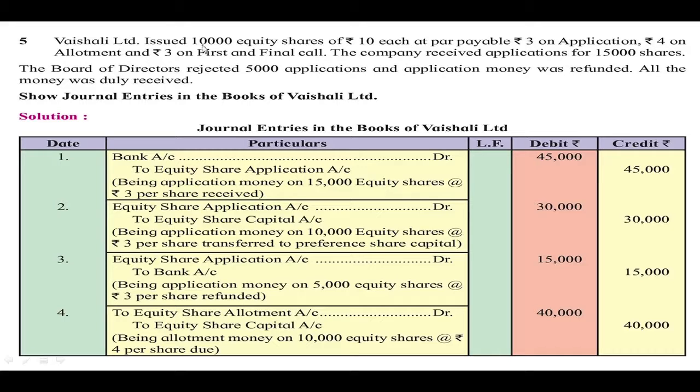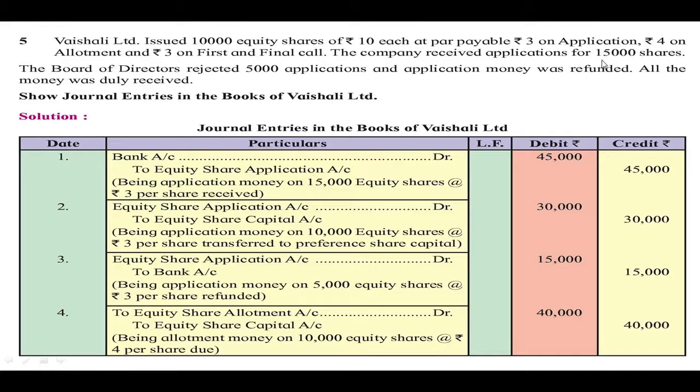Now from this information you can find out that the company has issued 10,000 equity shares in the market, but the company actually received applications for 15,000 shares. So this is the case of oversubscription. Here 5,000 excess applications are received by the company. Therefore, our first journal entry will be for receiving the application money.